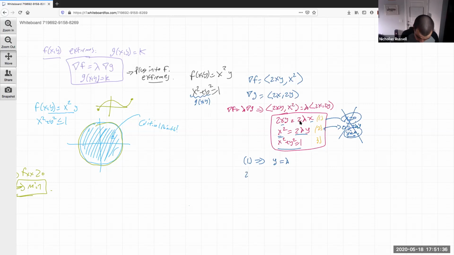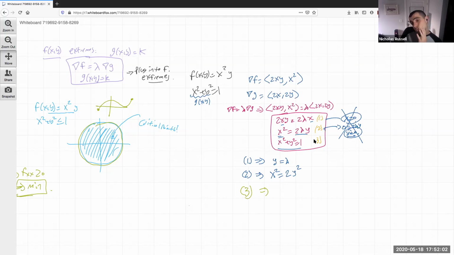Plugging this into 2 then, I can just substitute the y for lambda, which gets me that x squared is equal to 2y squared. Right? That's what that gives me. Then I could plug in 2y squared for x squared in equation 3.